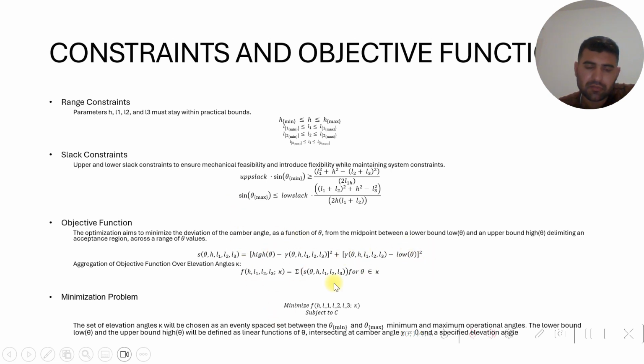So the camber angle must fall between this range. Then the minimization problem: we have to minimize the mean camber angle over the set of elevation angles kappa, chosen as an evenly spaced set between the min and max operation angles, and the lower bound and upper bound theta will be defined as a linear function of theta, intersecting at a camber angle at the specified elevation.